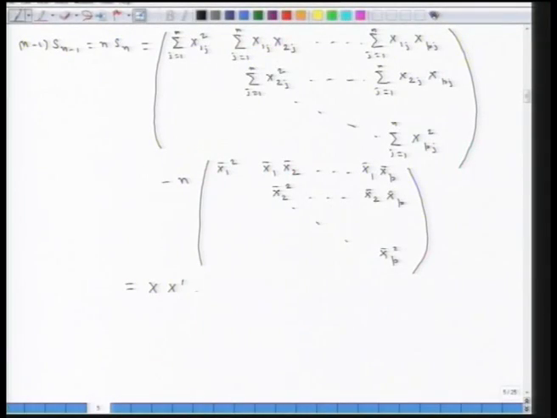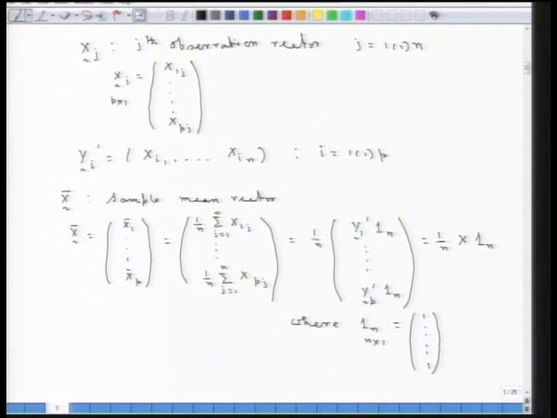Now this particular matrix block here can similarly be written in terms of the x bar vector. So this is x bar vector, multiplied by this x bar vector's transpose. What is x bar vector? X bar vector is what we have defined here as the respective x bar components for the p elements.